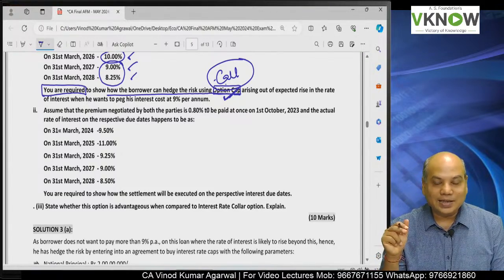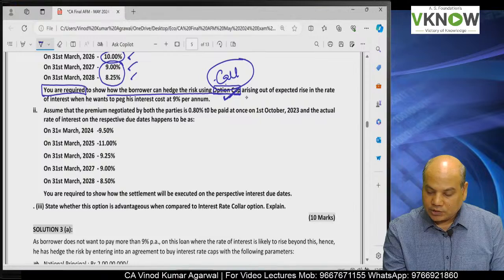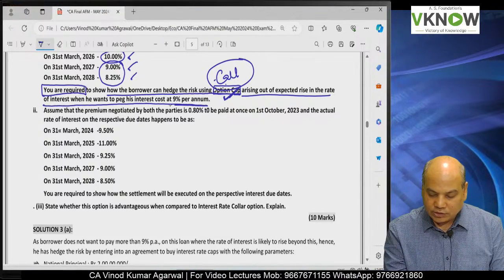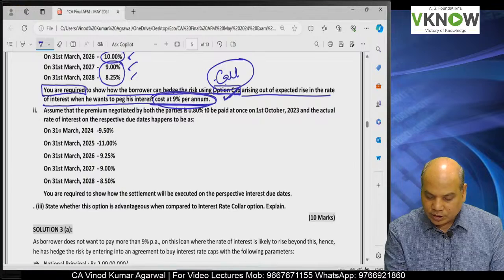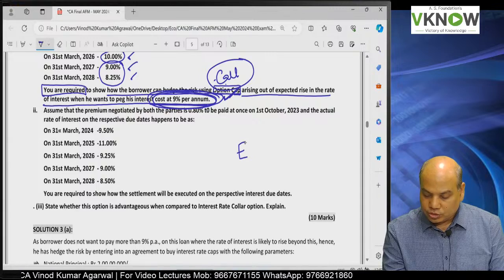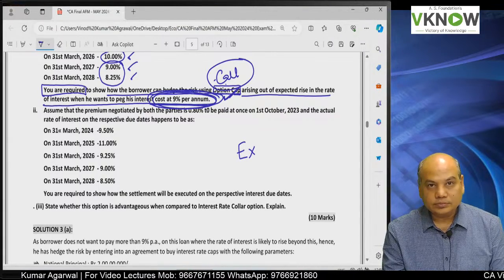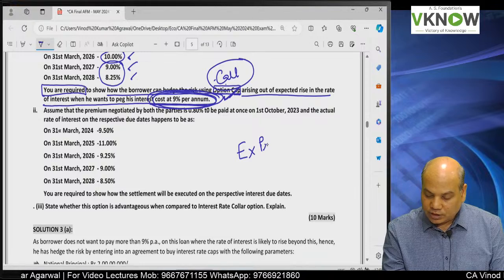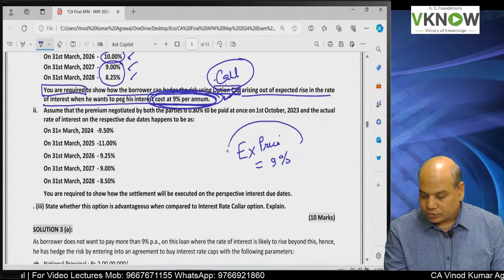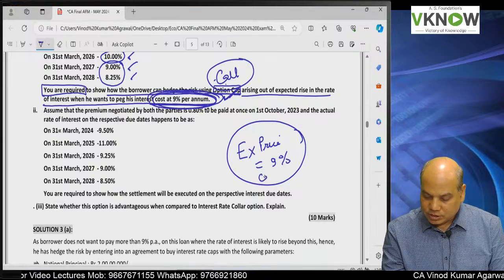However, you can pay less than a certain rate, arising out of expected rise in the rate of interest, when he wants to pay his interest cost at 9% per annum. So this borrower does not want to pay more than 9% per annum. So he should enter into a call option contract which will have an exercise price of 9%. The cap rate will be 9%.